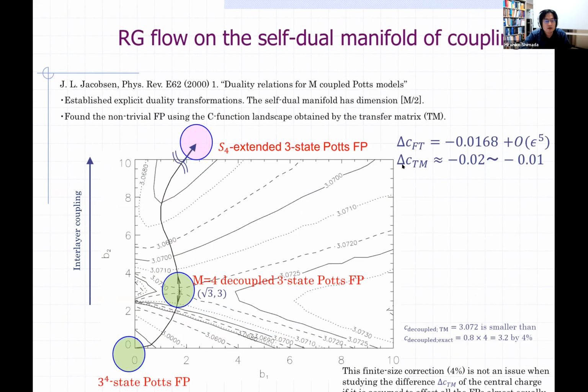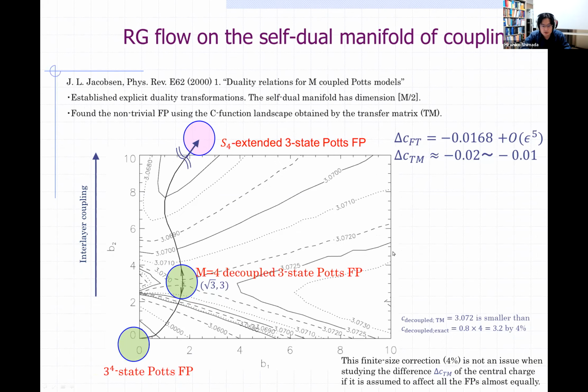In this paper, the explicit duality relation between the original coupling K and some duality coordinate was given, and it was found that the self-dual manifold has dimension integer part of m over 2, and there was also a numerical result for this central charge landscape.